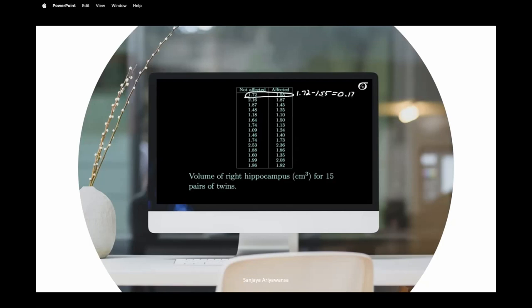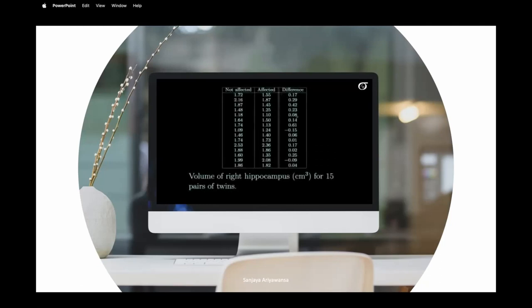That's my difference for that first pair. I do that for the second pair and the third pair all the way along, and I would also keep the sign. So let's do one where we get a negative difference. Here we get 1.09 minus 1.24, and so that's going to be minus 0.15. And we do that all the way along. And if we carried that out for all of those values, we would get what we see here.